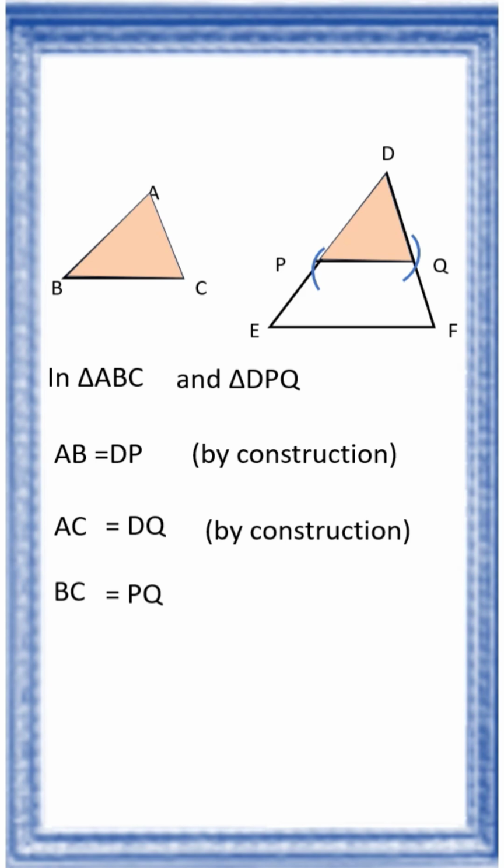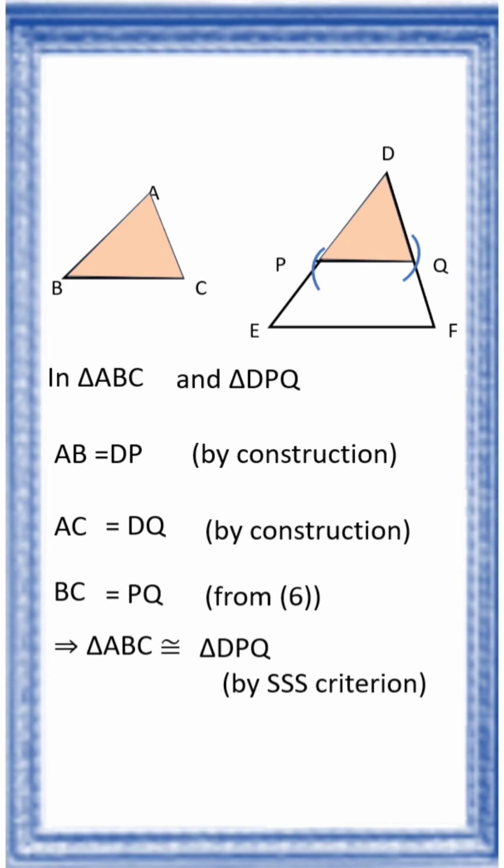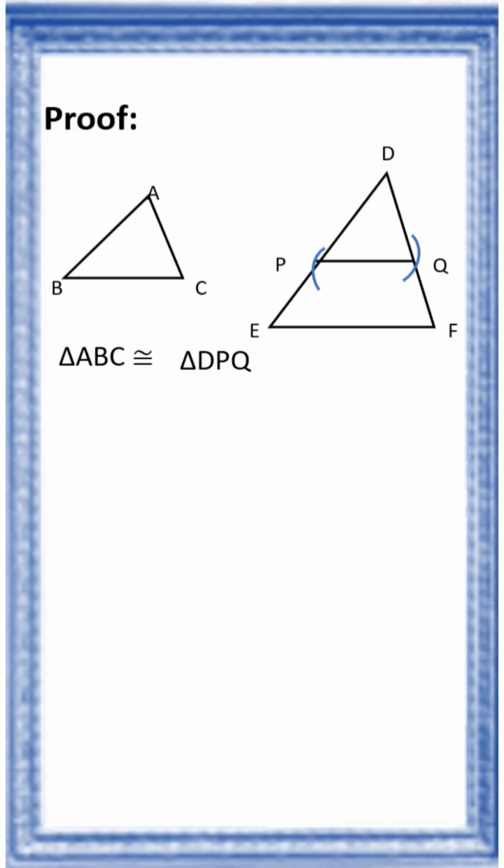Just now we have proved this one from 6. It implies that triangle ABC is congruent to triangle DPQ by SSS criterion of congruency. Now we have proved that triangle ABC is congruent to triangle DPQ, isn't it?